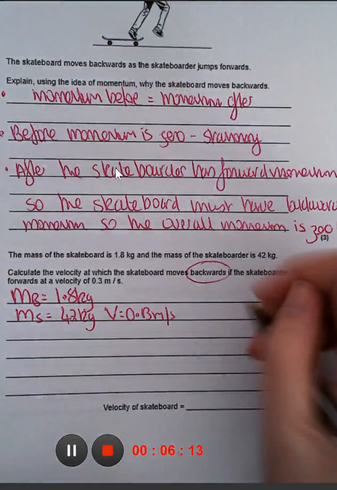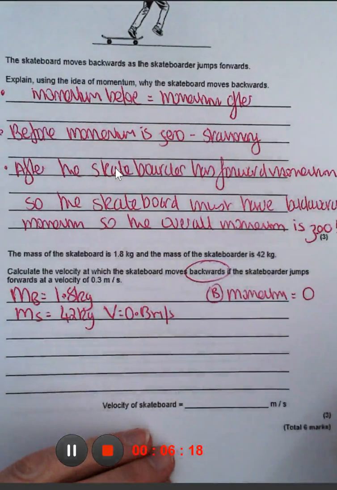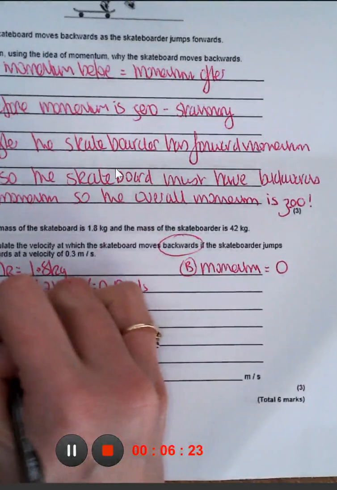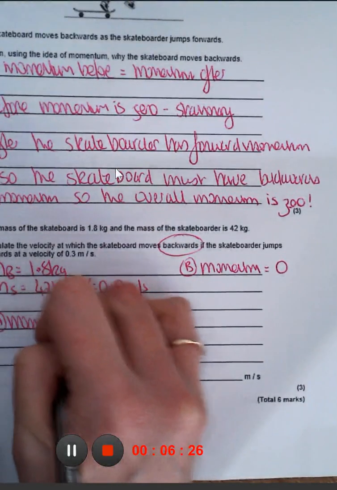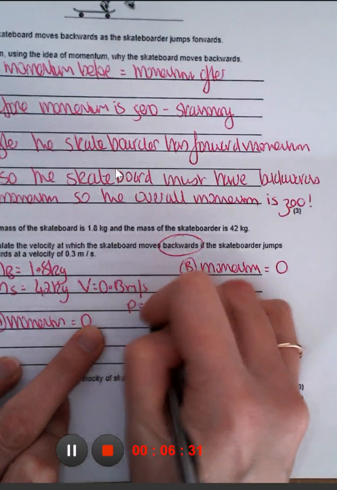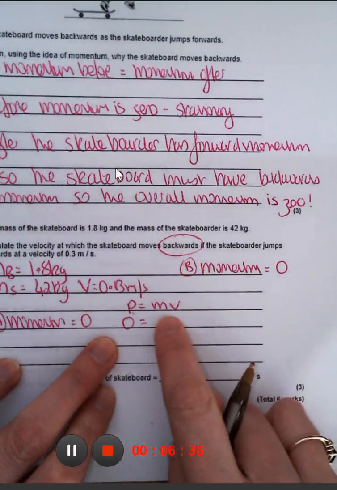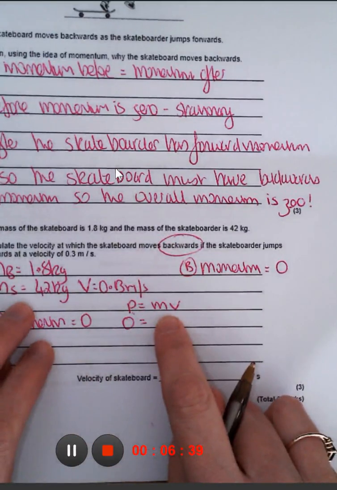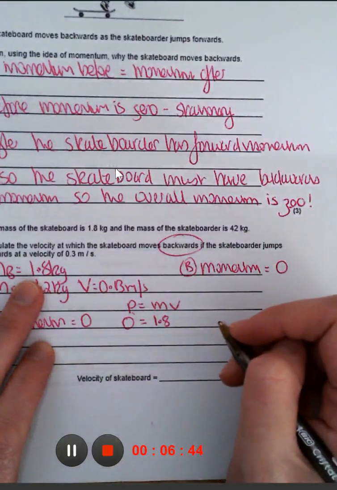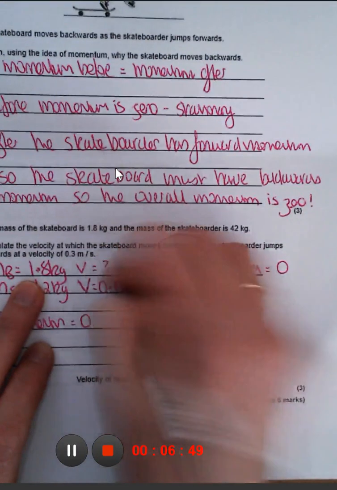So we know that momentum before is 0. So that means we know that after the momentum is 0. So for our momentum, P equals mv, we know that the P is 0. We need to do the mv of the board and the mv of the person. The mass of the board is 1.8, but we don't know the velocity of the board. We're going to figure that out.